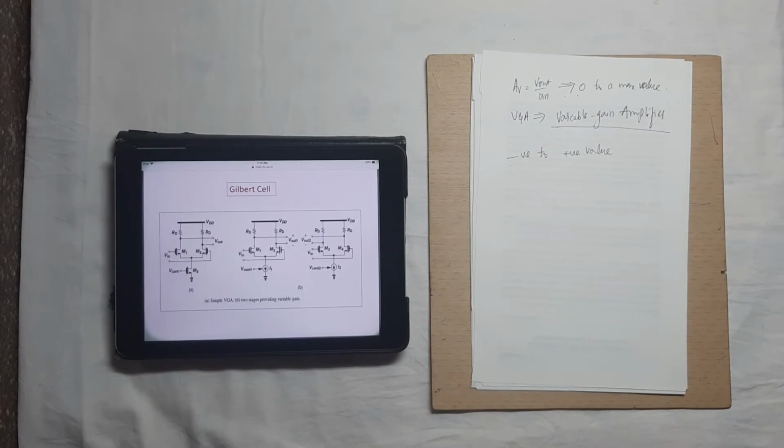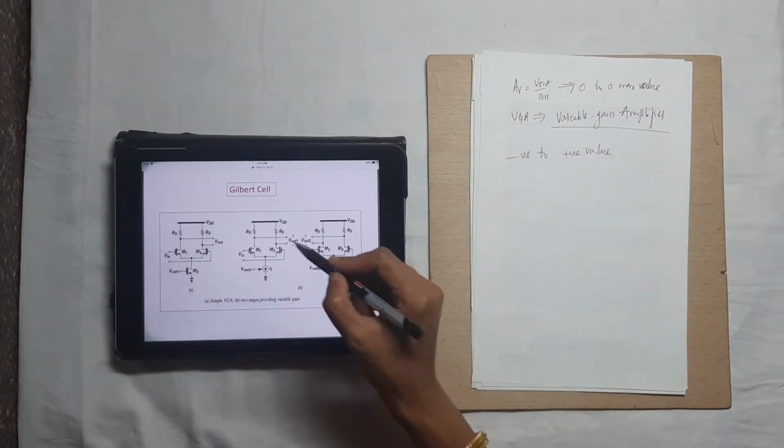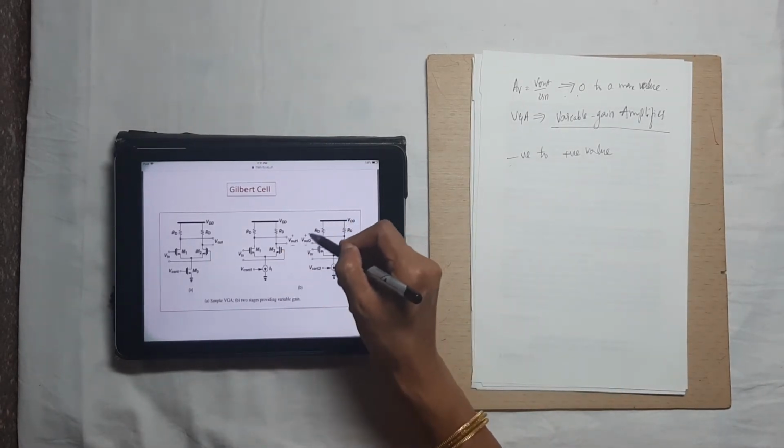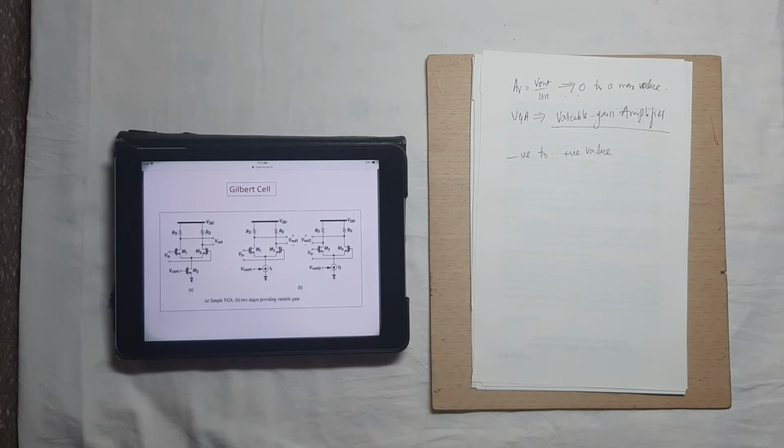How to construct this type of circuit? That can be constructed using two differential pairs that amplify the input by opposite gains. See here, this is one differential amplifier and this is another differential amplifier.